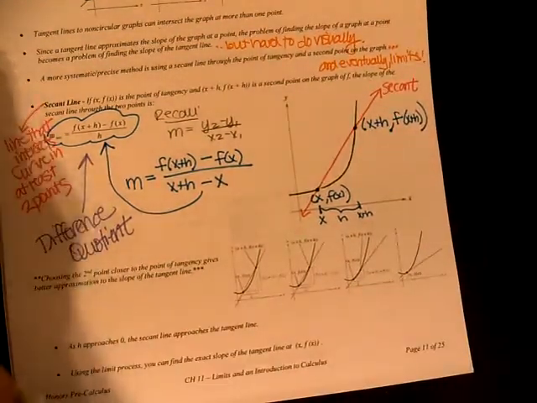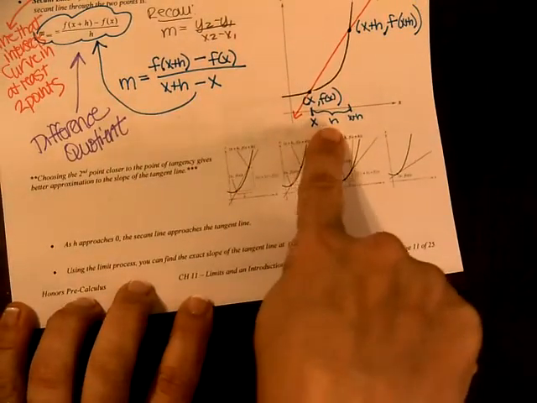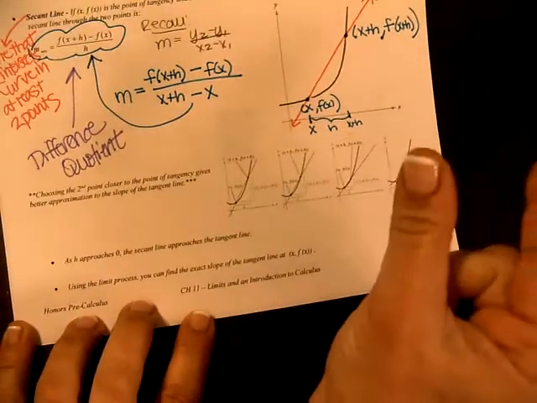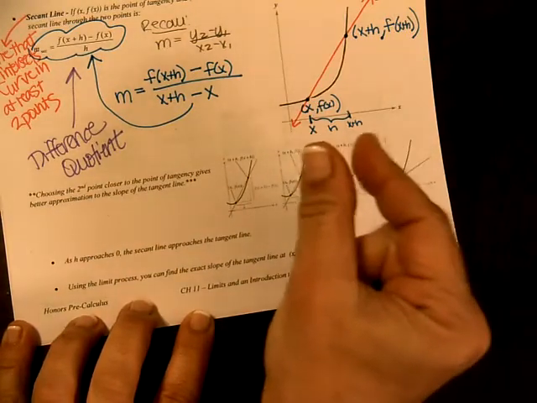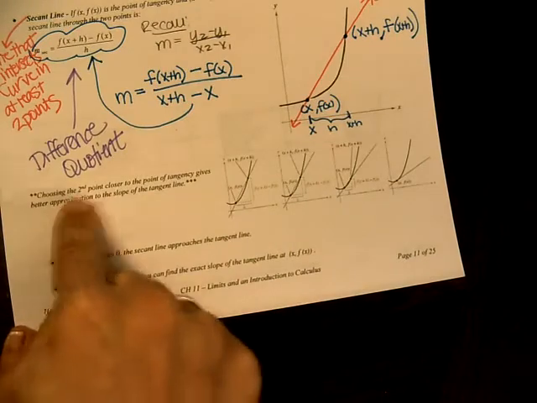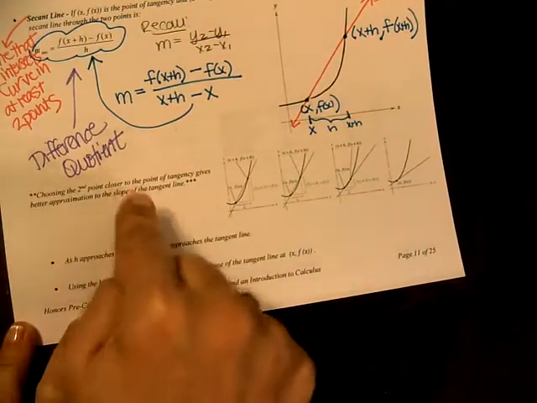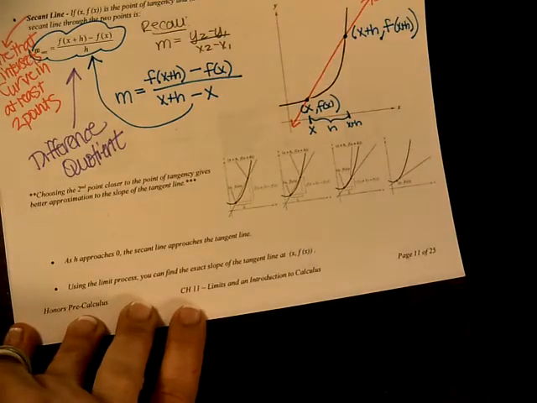So here's how we get to that idea of the tangent line. Let's make this value of h get smaller and smaller and smaller, okay? Choosing the second point closer to the point of tangency gives you a better approximation to the slope of the tangent line.